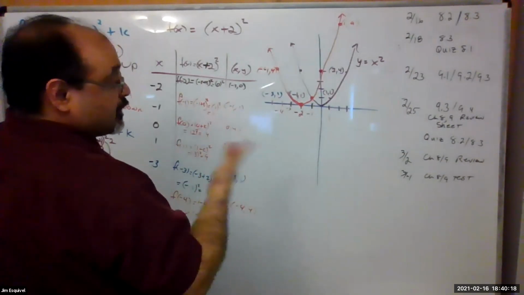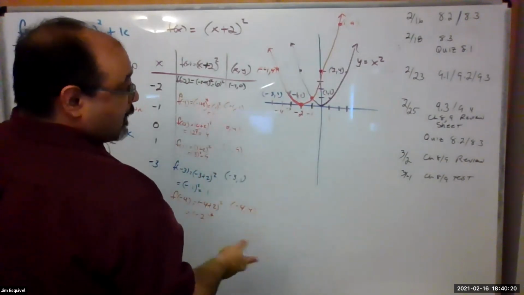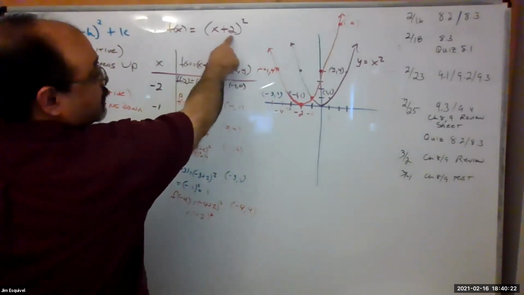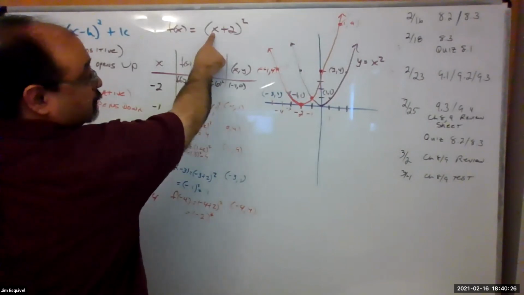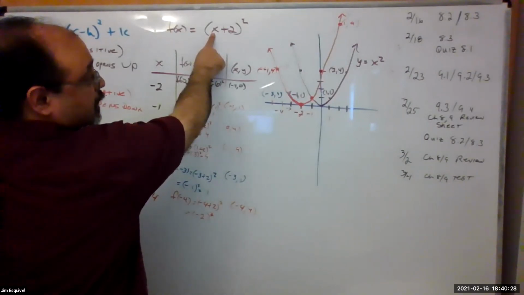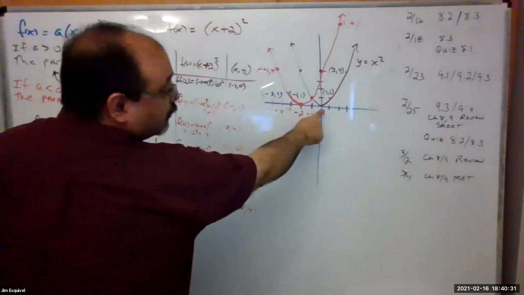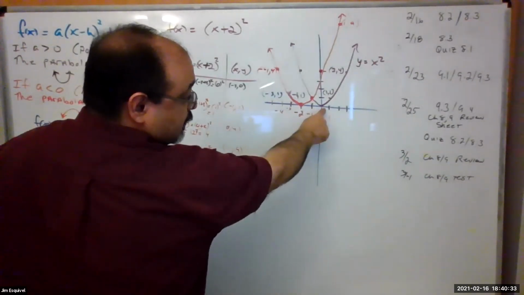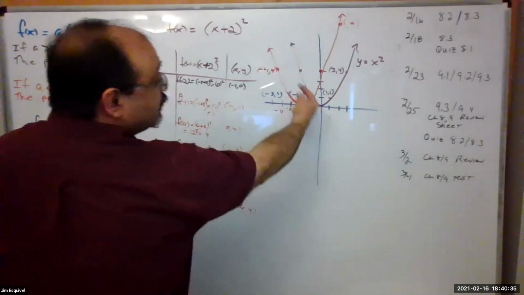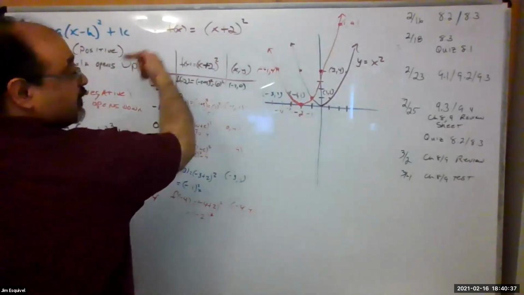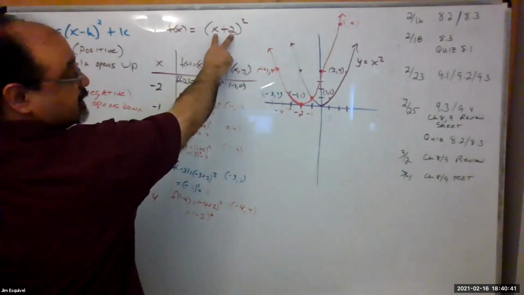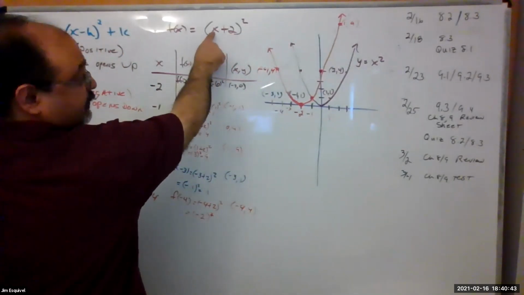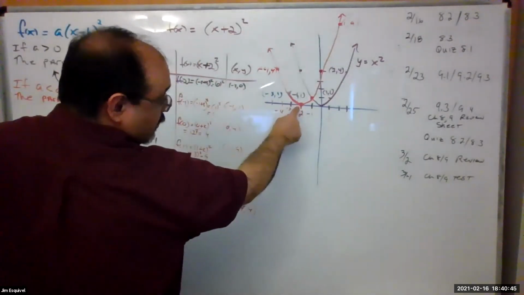Here's what I'm trying to get across. What plus 2 is 0? What plus 2 makes a 0? Negative 2. That's why the original vertex, which was at (0, 0), is moving to the left. The shift is negative 2, to the left, because negative 2 makes us back to 0.